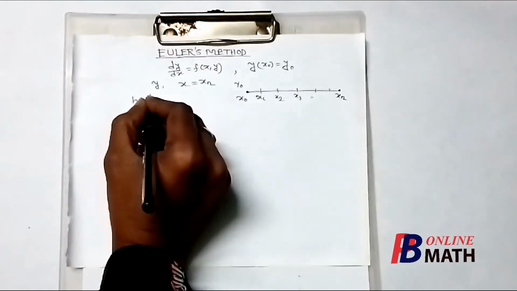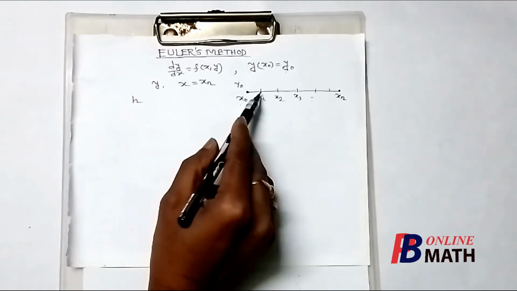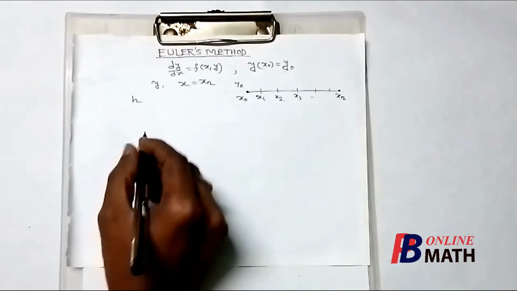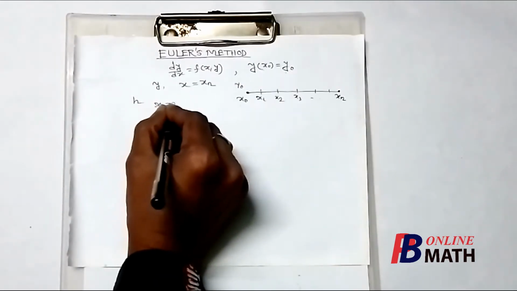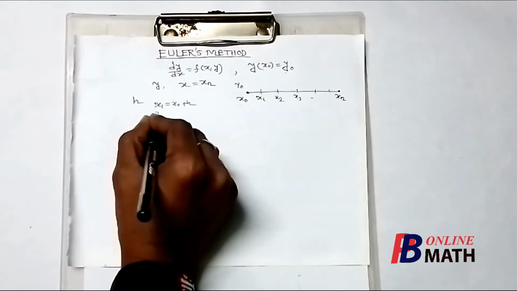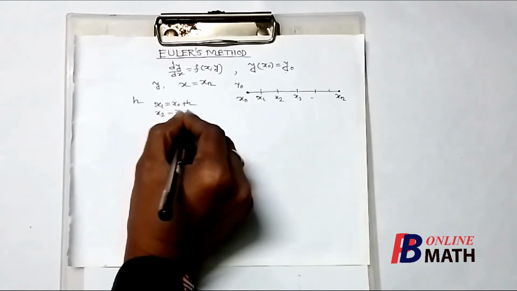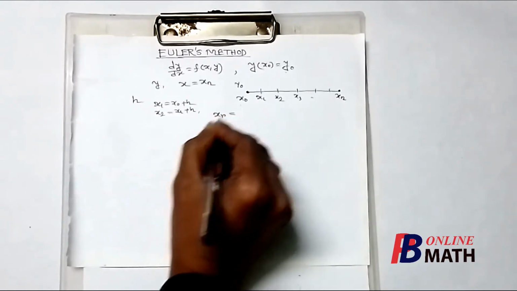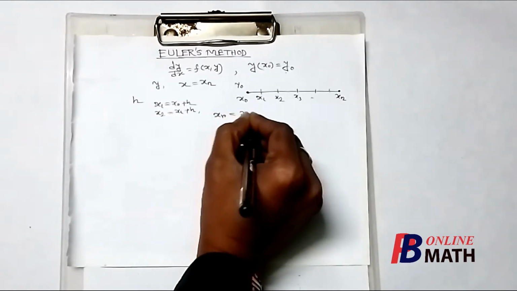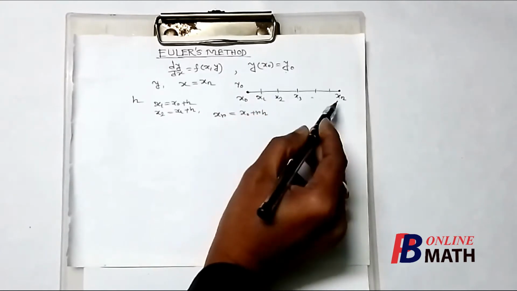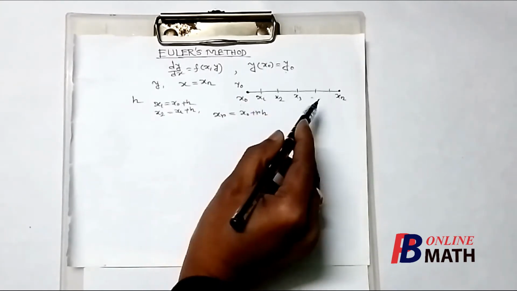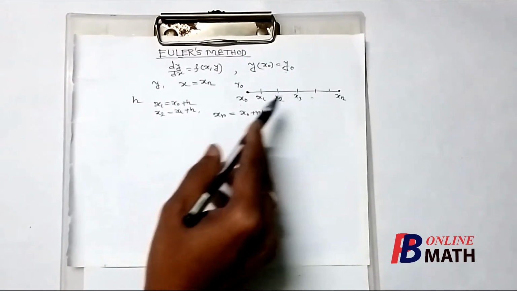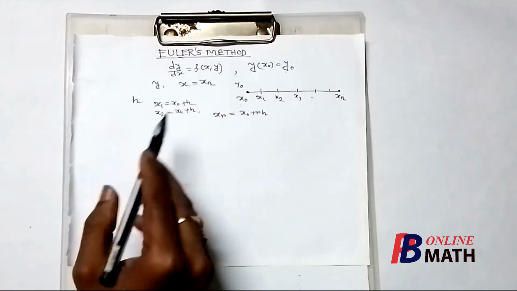So h is the length of each subinterval, so that x1 will be x0 plus h, x2 will be x1 plus h, etc. So xr in general will be x0 plus rh, and xn equals x0 plus nh.